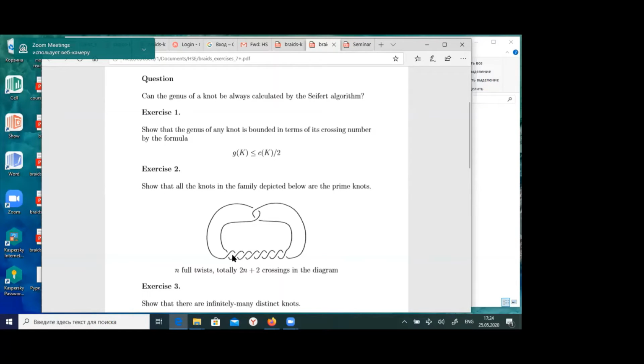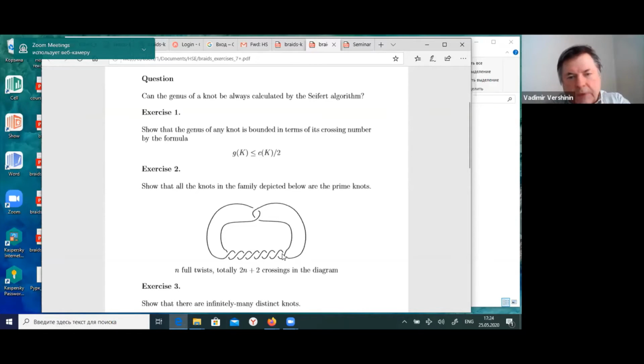So yes, it's what I did. Then we got a number, and this implies that yes, we got one, and by additivity, it implies that it's prime. Okay, right.